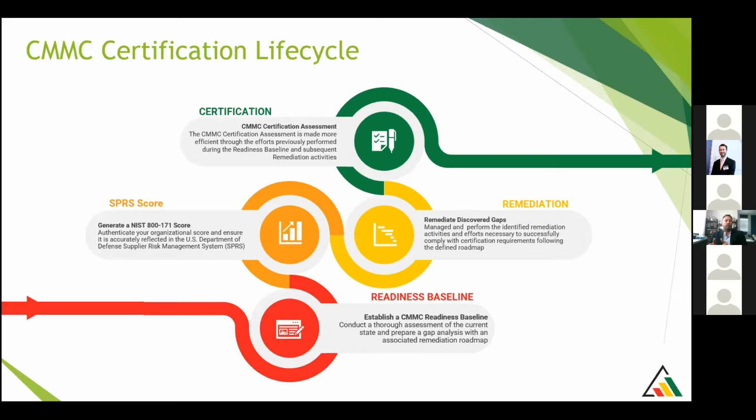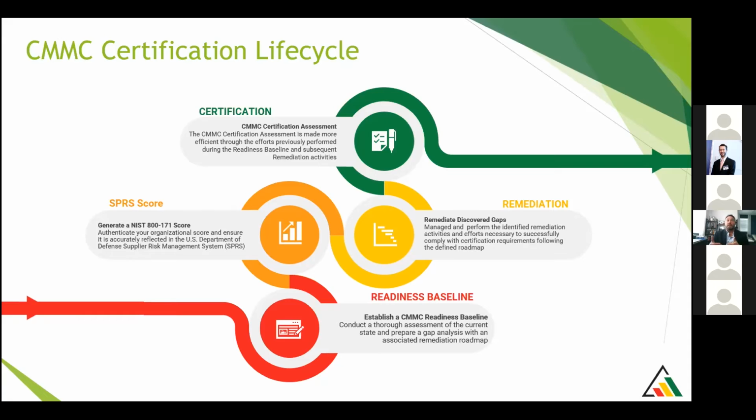And then once that score is uploaded into the SPRS, which is the Supplier Performance Risk System that was mentioned earlier, you can start seeing the progress that you make to bring that score up. Now, one of the questions also is, from a scoring aspect, we've seen other auditors or assessments done, and they forgot to calculate the fact that there are no policies in place.